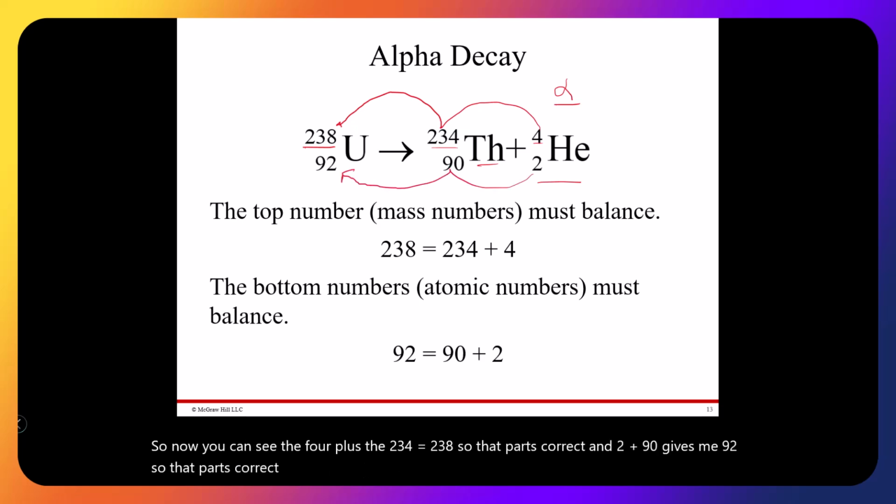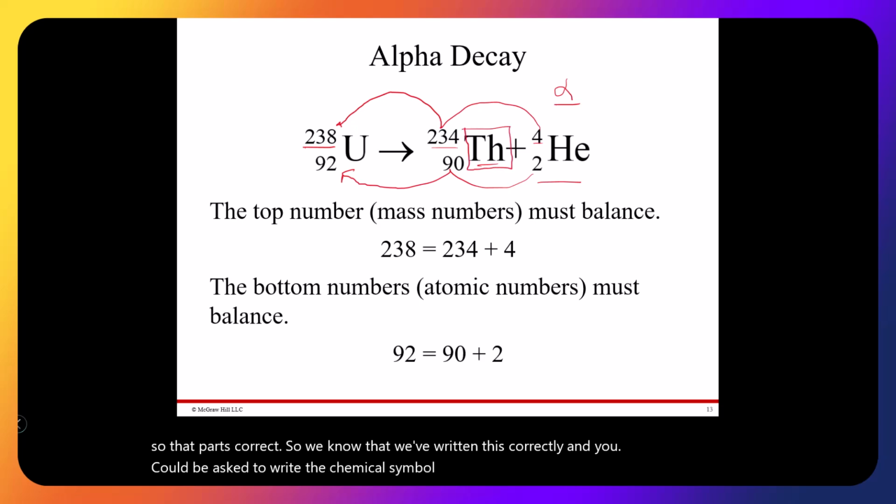So we know that we've written this correctly, and you could be asked to write the chemical symbol here. You could do that if you know the atomic number. You can look on the periodic table and find the chemical symbol.